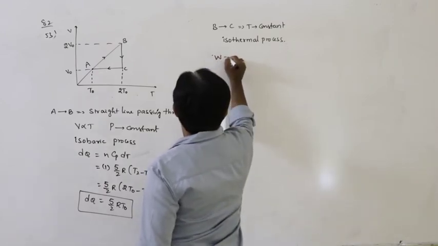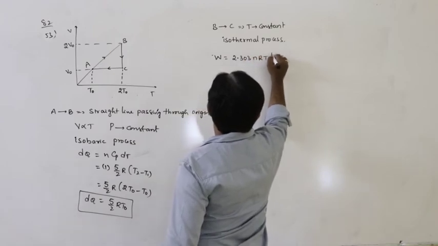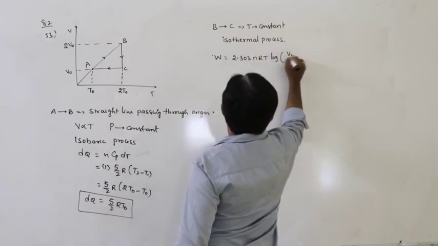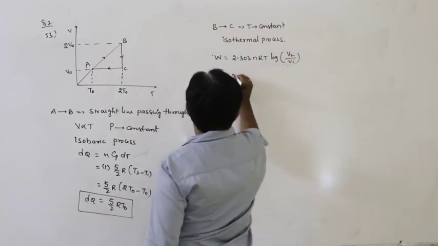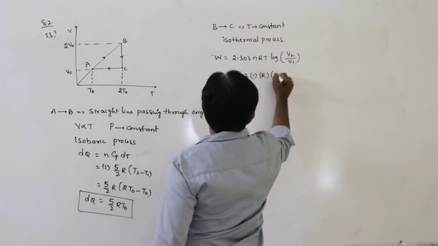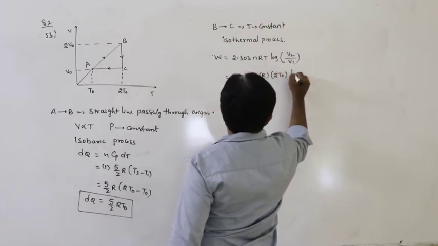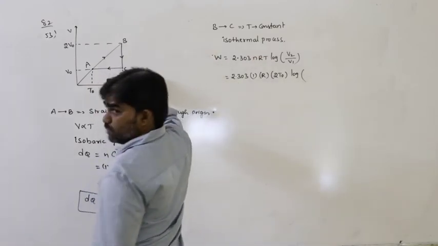What is the work done in isothermal process? 2.303 nRT log V2 by V1, final volume by initial volume. So 2.303, n is 1, R, temperature is here 2 T naught, log V2 by V1.